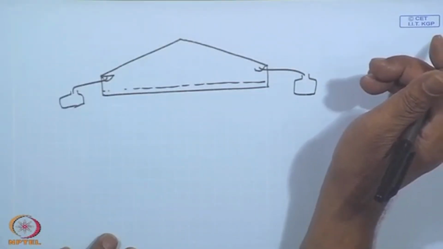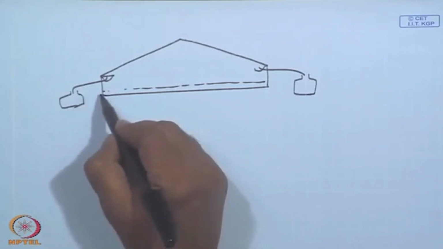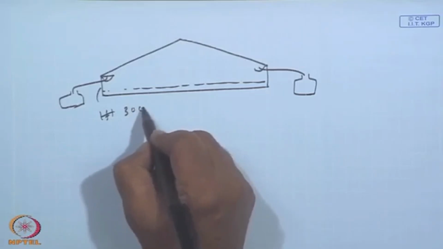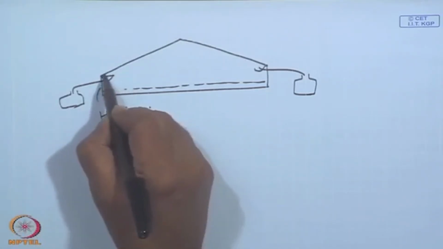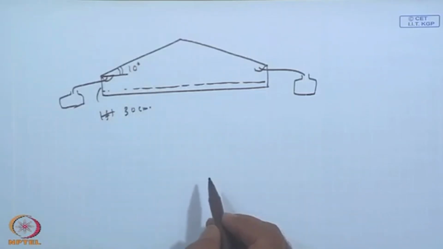Now, the question you may ask is, this is about, as I said, 1 foot, 30 centimeters, and this is a slope of approximately 10 degrees. Why? Why not more? Why not less?